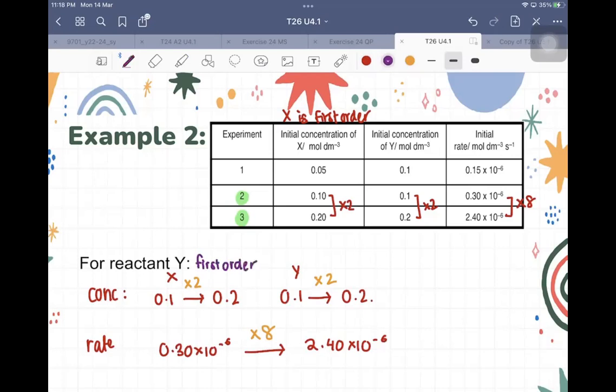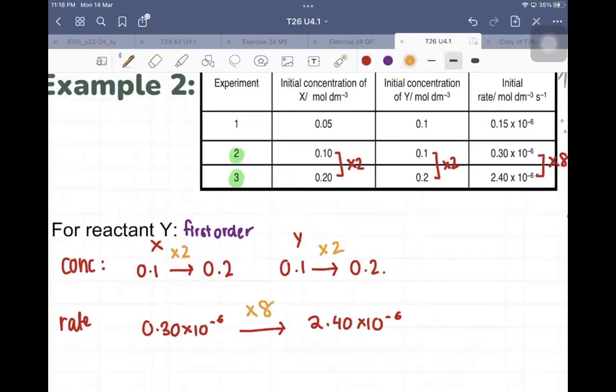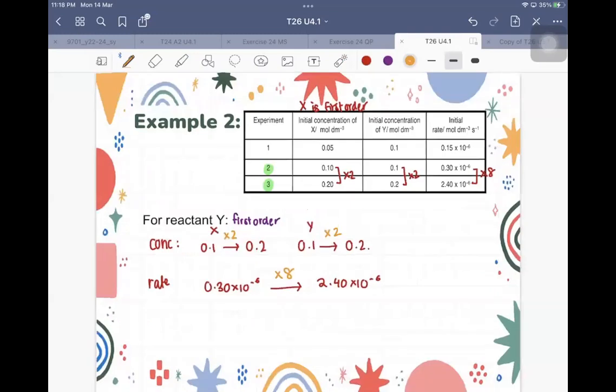That means increasing the concentration of X by 2, my rate should increase by 2 as well. So I can break down this 8 into times 2, and the remaining is times 4.